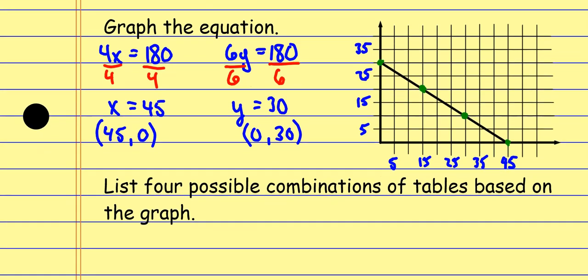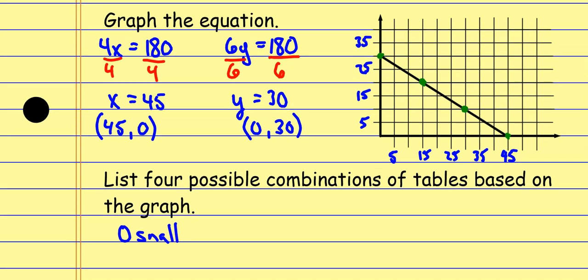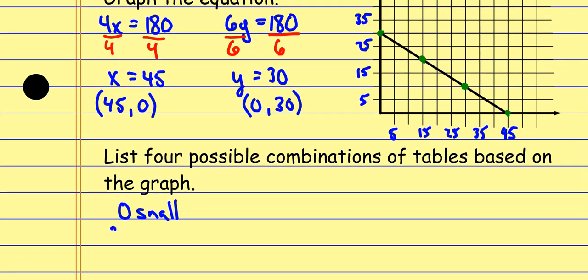Okay? And so if I make a list of 4 possible table combinations, the y-intercept is the first one I see. That was 0 small tables with 30 large tables. See, that would be one option. I could just do all large tables. The next ordered pair I have looks like 15, 20.